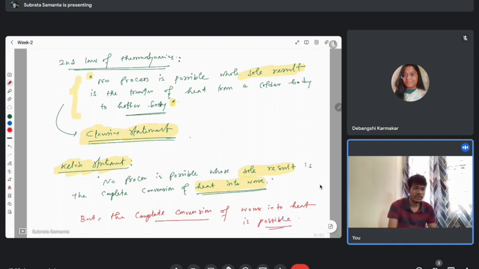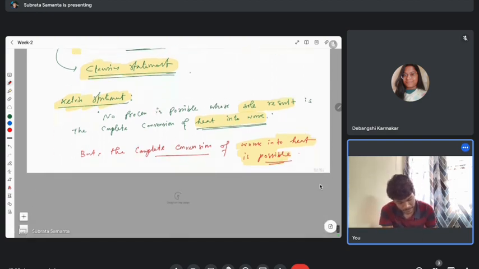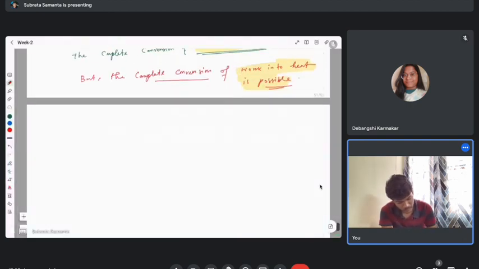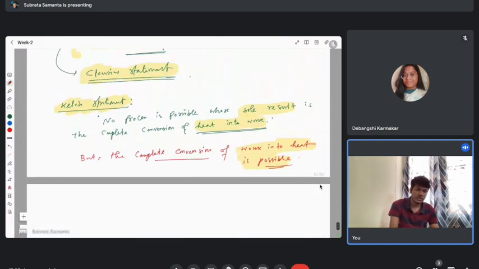I'll show mathematically how this is possible and this is not, which is possible and which is impossible. That's why the Kelvin statement states that. Okay, so the difference between the two statements is clear.